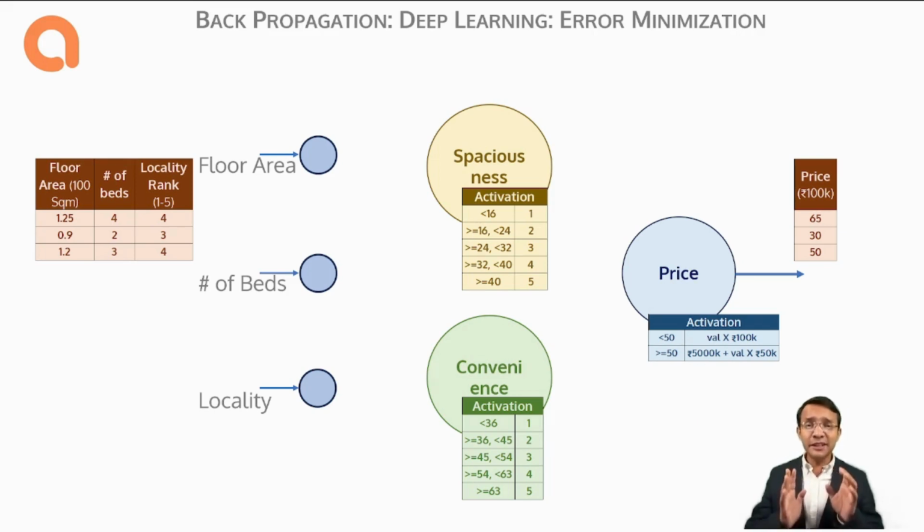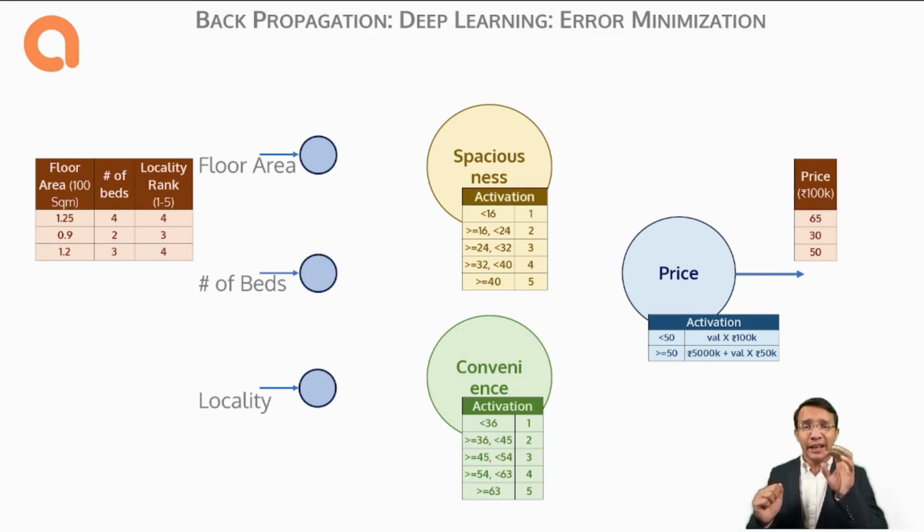Moreover, isn't it more apparent to calculate the price at the output layer from how spacious a house is and how convenient it is to live there, than to directly calculate the price from floor area, number of beds and locality?